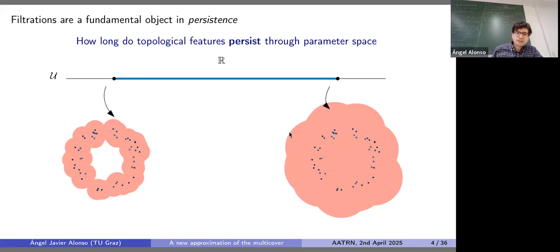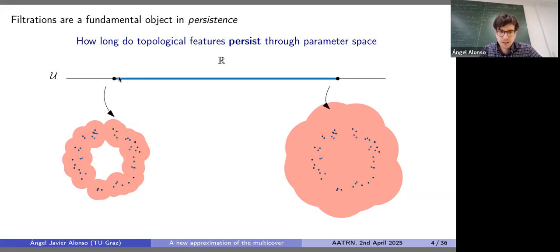And of course, filtrations like this are a fundamental object in what we know as persistence. And by persistence I mean: how long do topological features persist through parameter space in a filtration? So here, for example, these points are arranged in a circle. At some point, the union of balls will recover the circle, it will also be a circle.